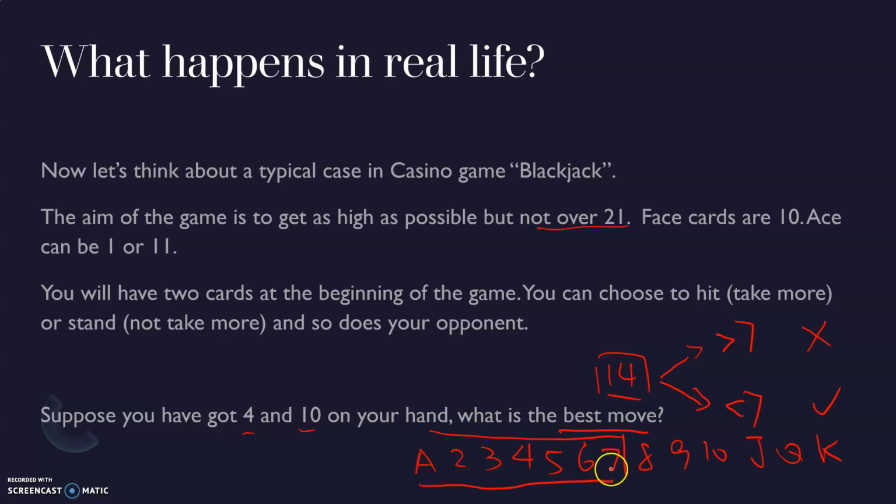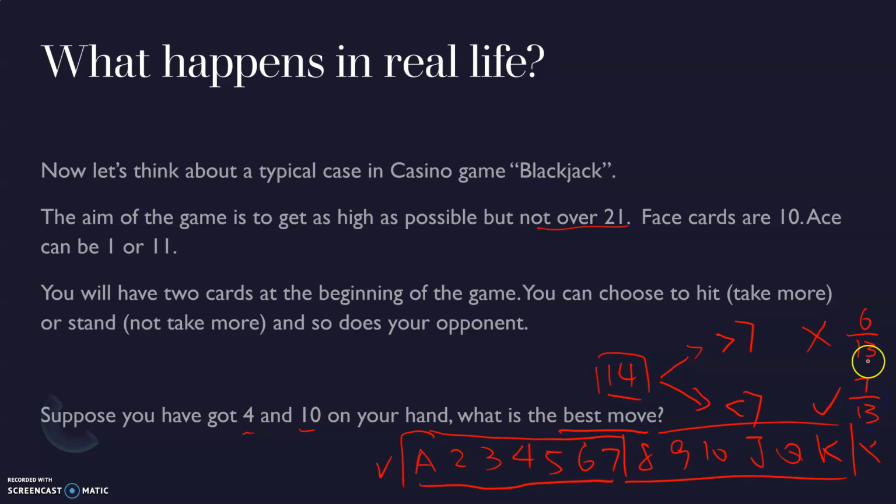So we have 1, 2, 3, 4, 5, 6, 7 options that are 7 or below. And then we have the other 1, 2, 3, 4, 5, 6 options that are above 7. So we want this card, we don't want this card. So we can say that the probability of getting a card greater than 7 is 6 out of 13 cards in total, and getting a card that is 7 or smaller will be 7 divided by 13.